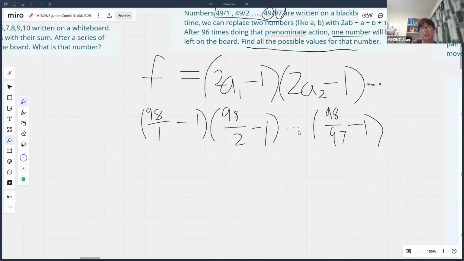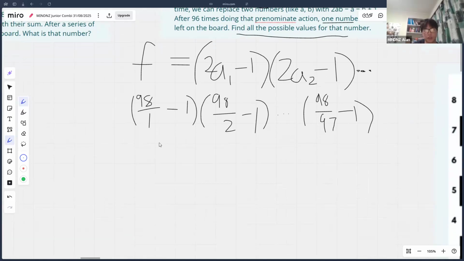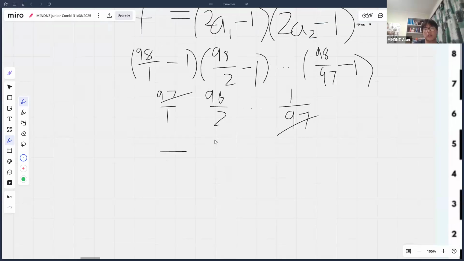So it's a pretty big hint. And then this big expression just boils down to 97 over 1 times 96 over 2 all the way to 1 over 97. And then these terms will cancel and leave us with 1.